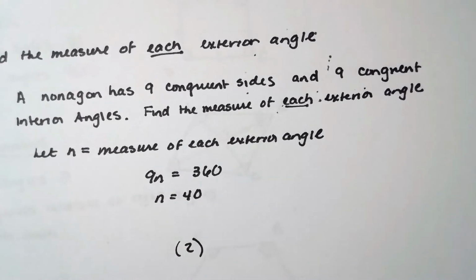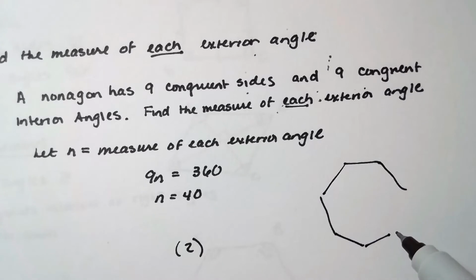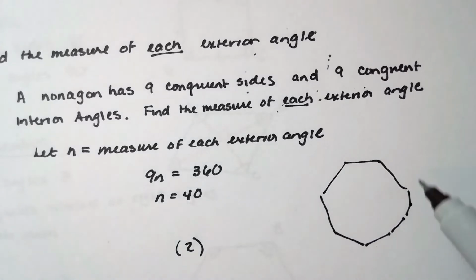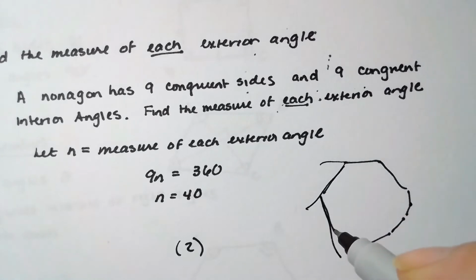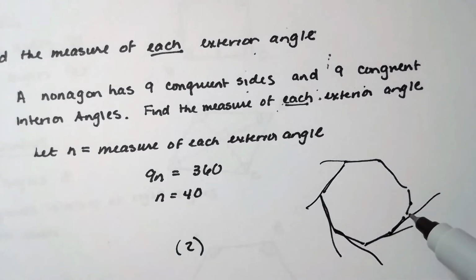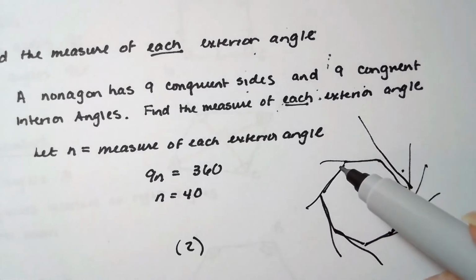So if I could draw a nonagon, and I can't, here's 1, 2, 3, 4, 5, 6, 7, 8, 9. Well, those aren't congruent sides. But anyway, if I extend every single one of these sides, I'm going to have all of these exterior angles out here.